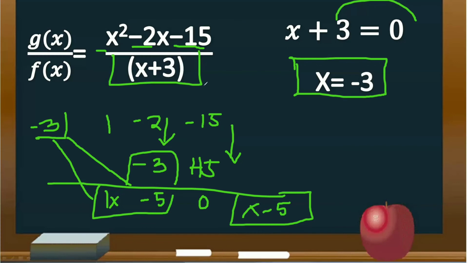Again, in the synthetic method, we need to equate the divisor to 0, and then we need to get the numerical coefficients, which in this case are 1, negative 2, and negative 15. Then we need to bring down the first number, and then we will multiply negative 3 by 1.